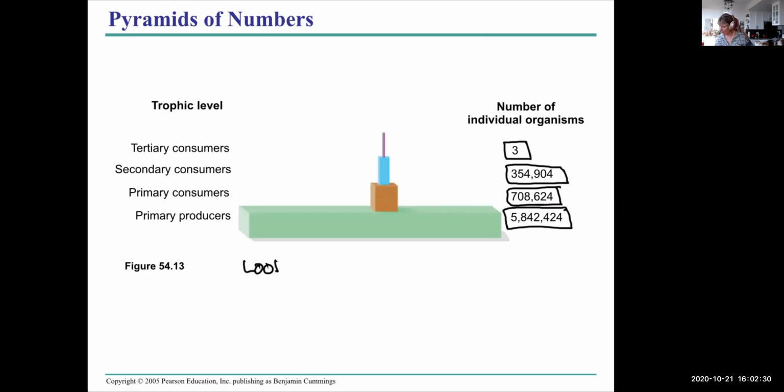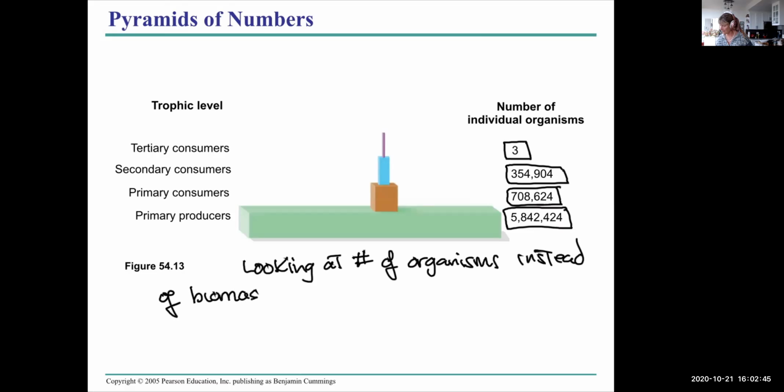So looking at number of organisms instead of biomass may show different pyramid structure.